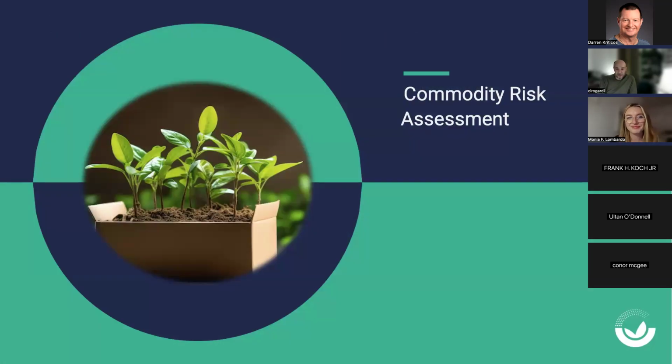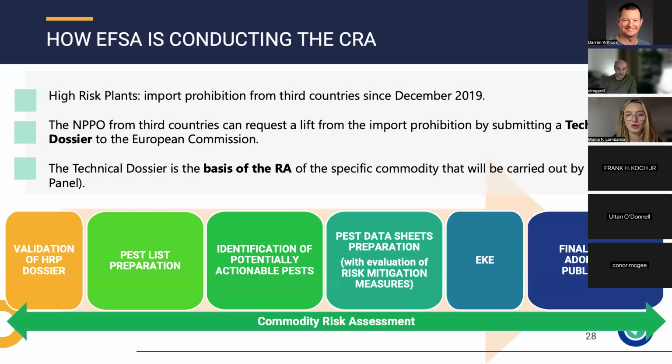Yes, thank you. I will kindly ask you to change each slide for me, because unfortunately I was having some issue with my connection. On the following slide, as Ciro briefly discussed, I will present how EFSA conducts commodity risk assessment, so how the CRA process starts.